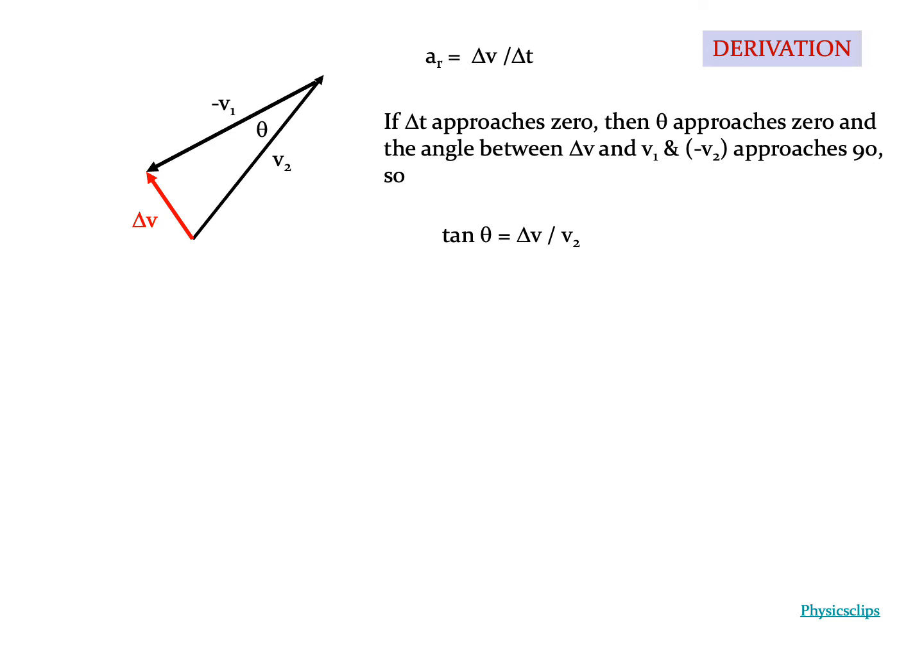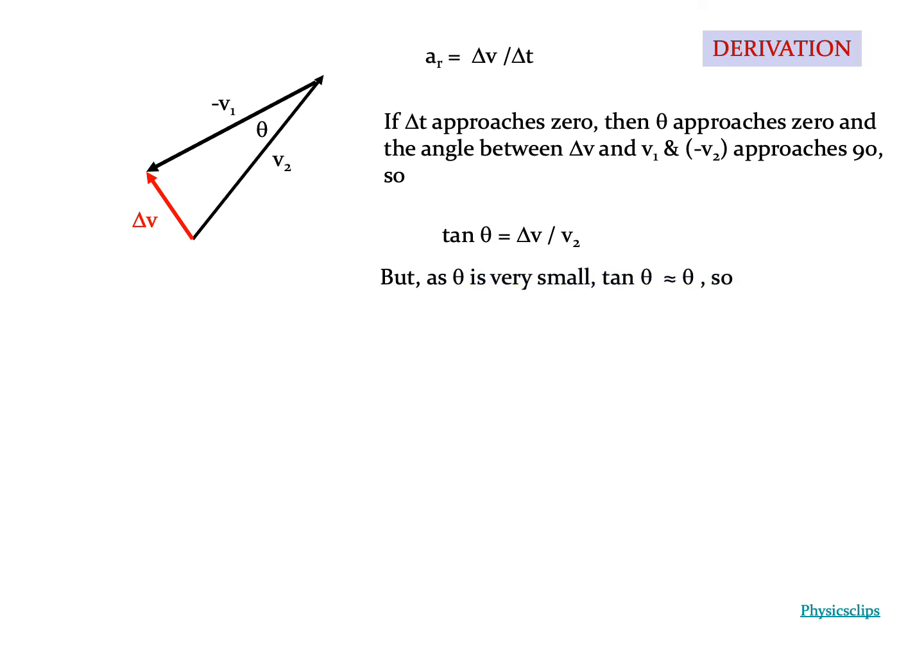Now, if we let delta t approach 0, vanishingly small, can never be 0, of course, but it can approach 0. Then theta approaches 0 as well. Look at the diagram. So the angle between delta v and both v1 and negative v2 approaches 90 degrees, as I said earlier. Now, it can never actually be 90 degrees, but it becomes vanishingly close to it.